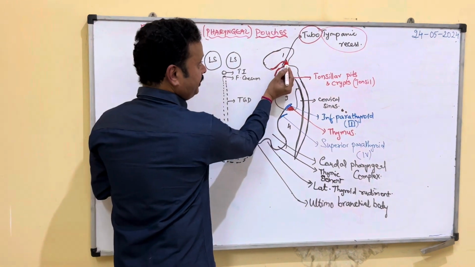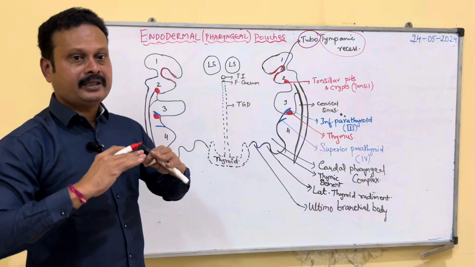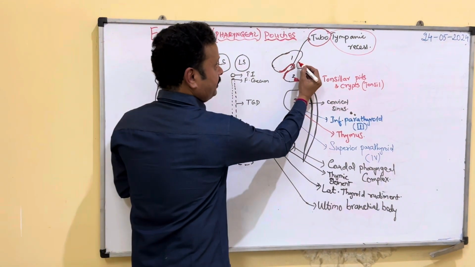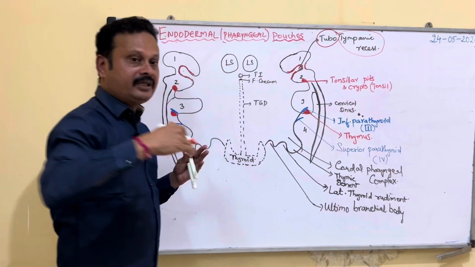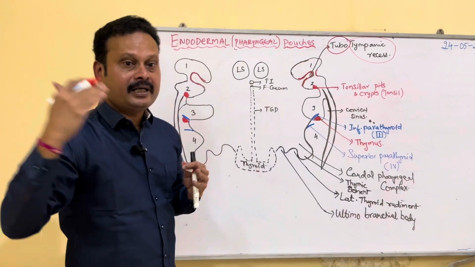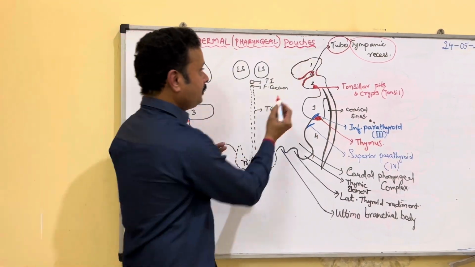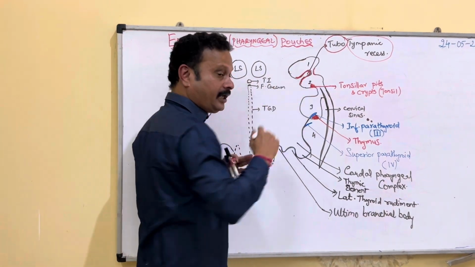So here the tympanic membrane development is understood. This is the first cleft, which gives rise to the cuticular layer of the tympanic membrane, that is from the ectoderm.